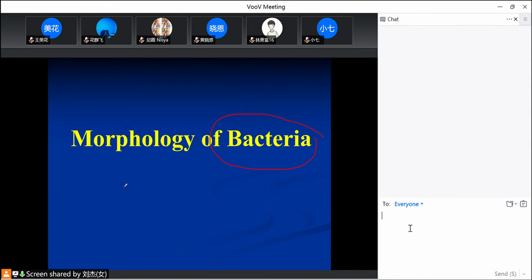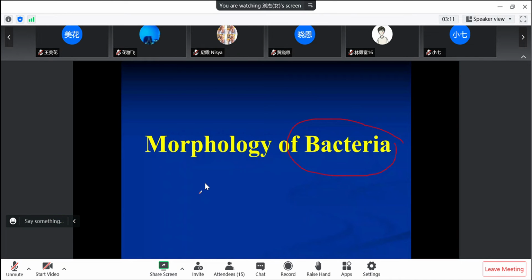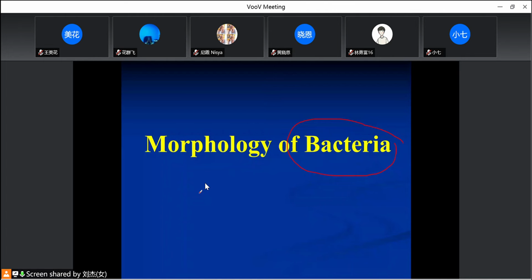In the natural world, bacteria, as we introduced last time, exist in the air, in the water, in the soil, and even on the surface of your desk, on the surface of the body, I mean the skin, and even inside your body, in your digestive tract, your small intestine, large intestine. They all have some bacteria inside these areas.